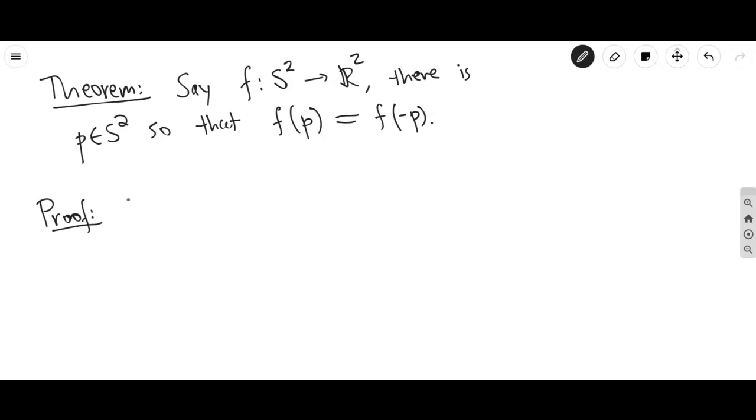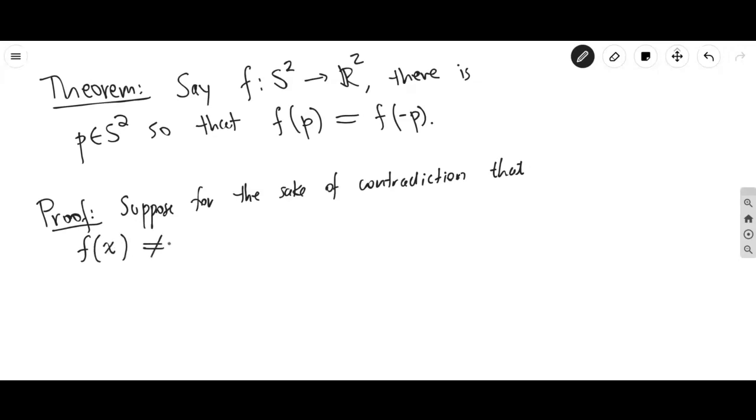So here's how the proof goes. Suppose, for the sake of contradiction, that f of x is not equal to f of negative x for any x on S2.